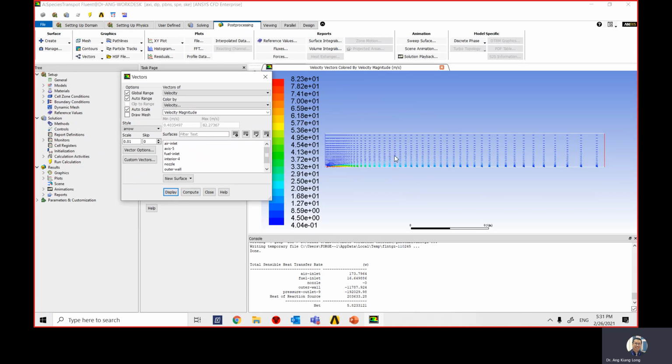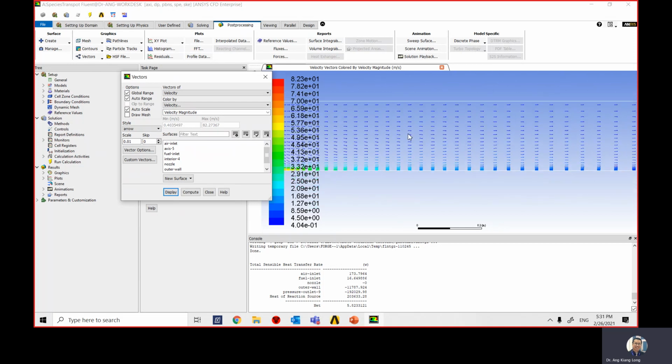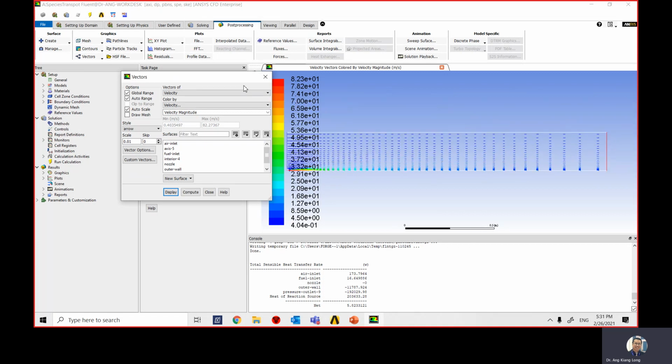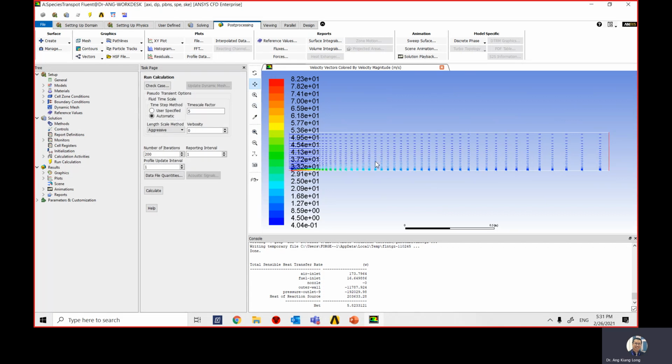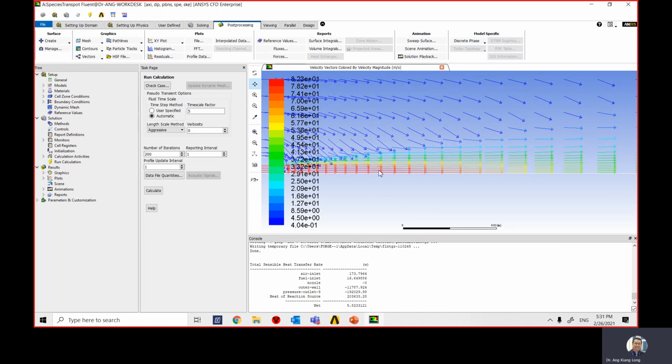And then after that, you click display. So this is the presentation when you activate the fixed length. If you zoom in, you'll see that the fixed length option is very useful when the vector magnitude varies dramatically. You can see that the vector length here is the same, although the color is changing.